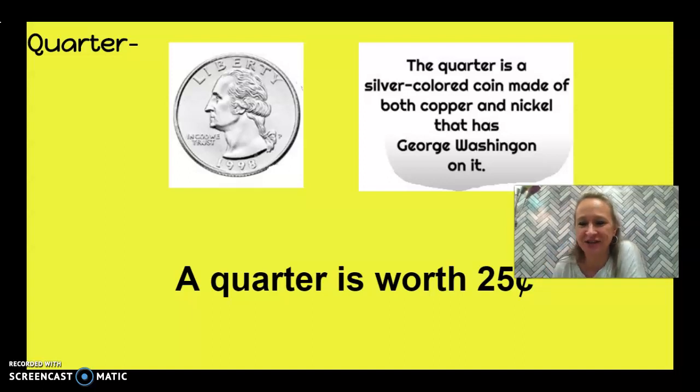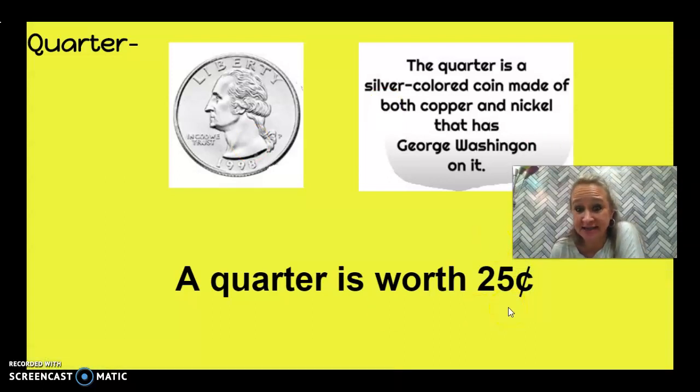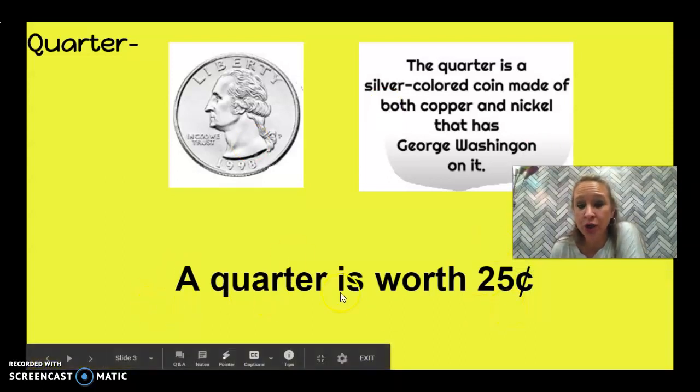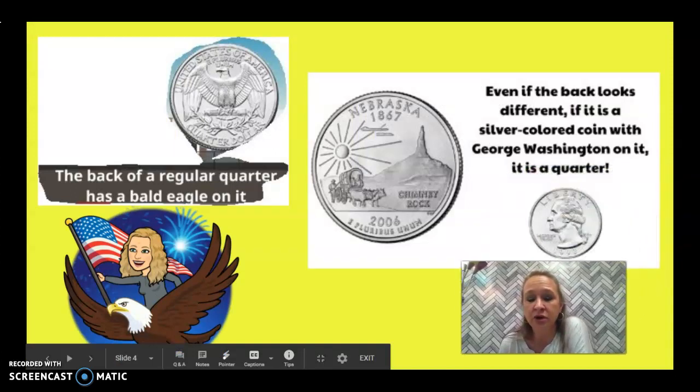I couldn't trick you. George Washington on the front of the quarter. A quarter is worth 25 cents. Say that with me. A quarter is worth 25 cents. What is the name of this coin? A quarter. And a quarter is worth 25 cents. Very good.